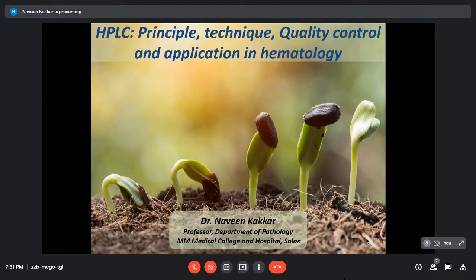It's a very important topic for postgraduates all over India, and we'll see why, being in India, we cannot be untouched by HPLC. And as I speak on hematology and application of HPLC in hematology, right now somebody will be talking about biochemistry applications. So HPLC is a very versatile tool that all subjects use.